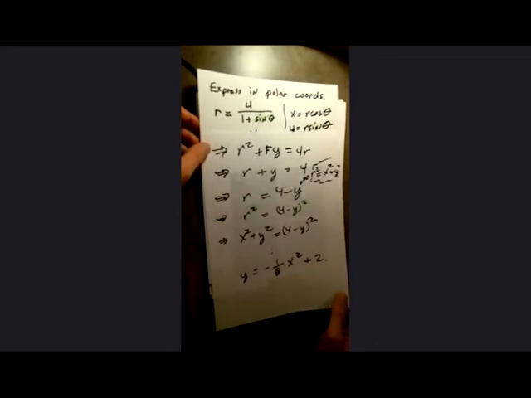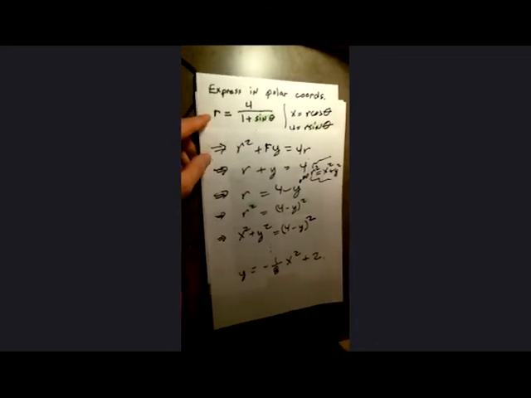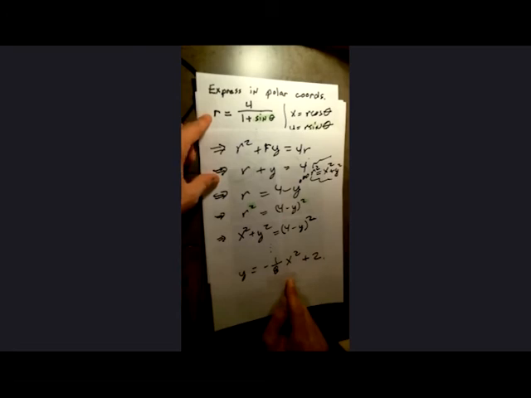The question was asking us to express this equation in polar coordinates in rectangular coordinates. We've done it, we put it in rectangular coordinates, so we're done. Not terribly exciting.